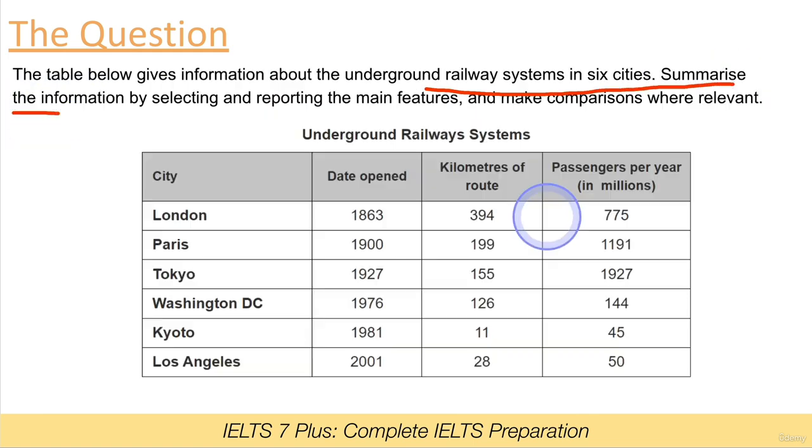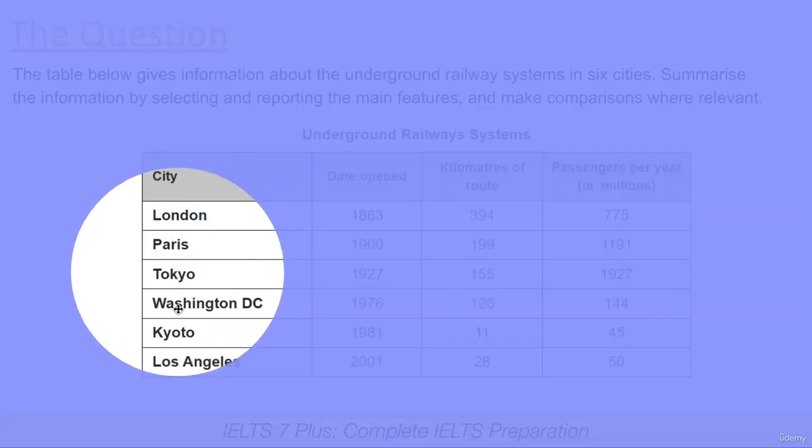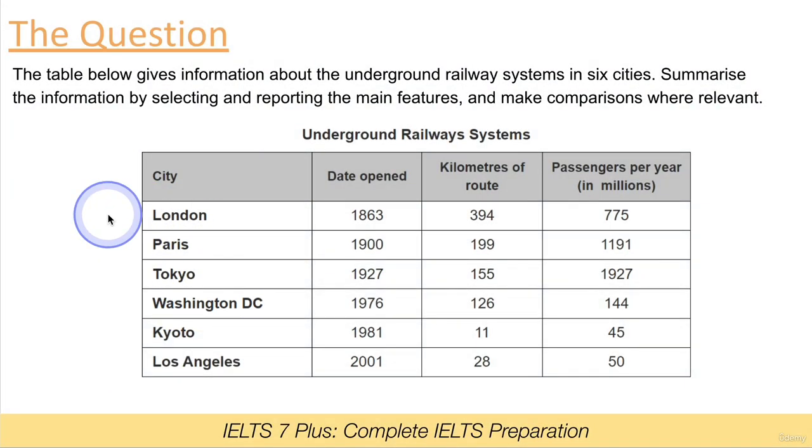Ooh, let's have a look. Oh, here we go. Okay, so the 6 cities are on the left here: London, Paris, Tokyo, Washington, D.C., Kyoto, and Los Angeles. Then we have the date opened here from 1863 to 2001. Kilometers of route, so how long they are.